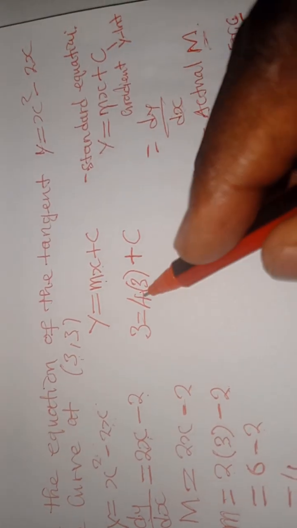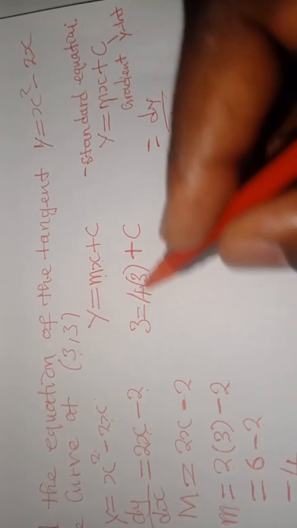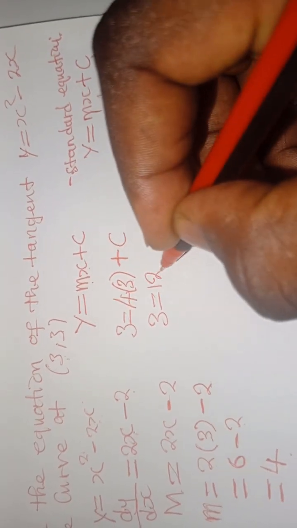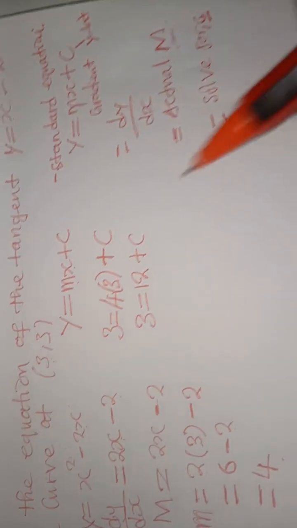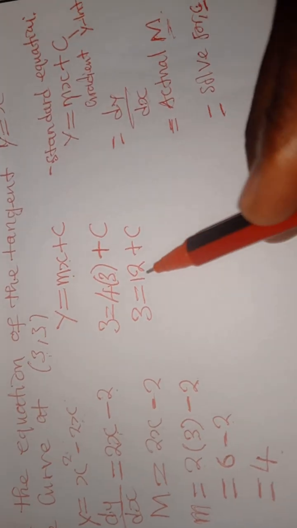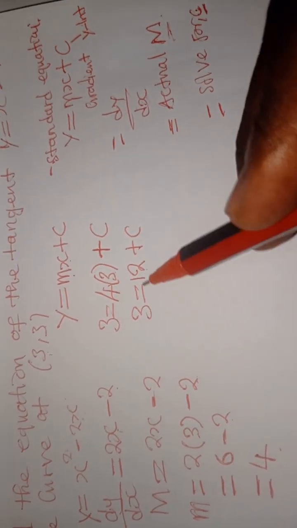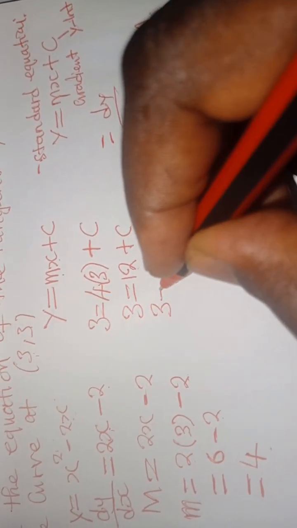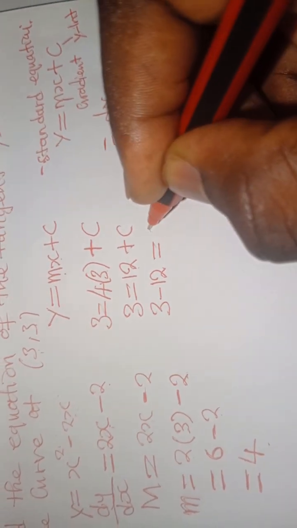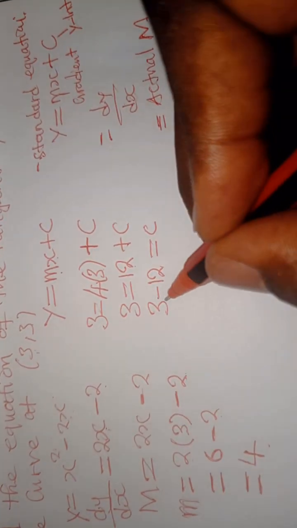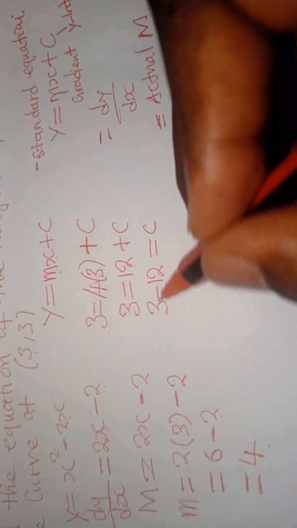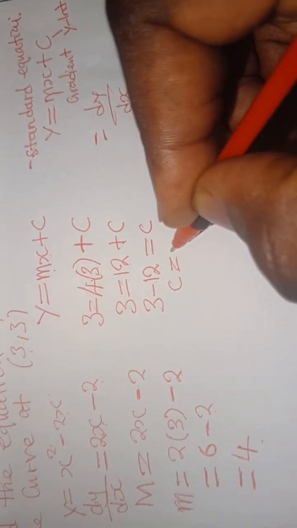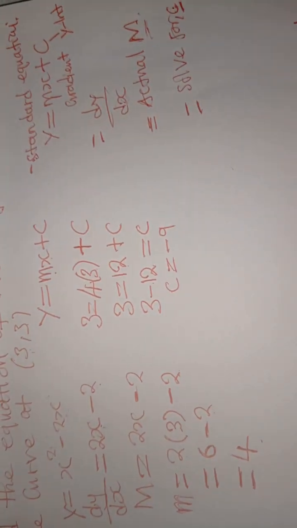So what is 4 times 3? 4 times 3 is equals to 12. So we have 3 is equals to 12 plus c. Group like terms together. When you group like terms together, you have 3 this side, meaning 12 will go the other side, which will be 3 minus 12 is equals to c. So 3 minus 12, you get a negative 9. So the value of c is negative 9.